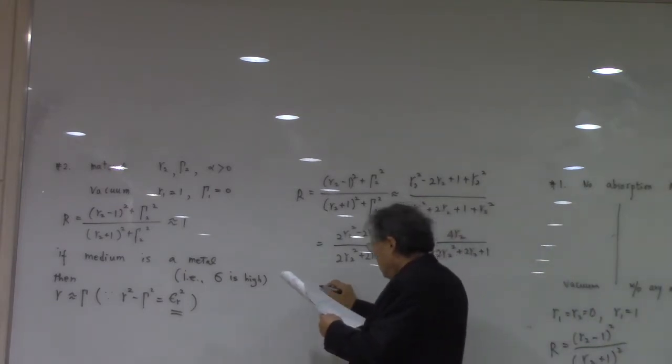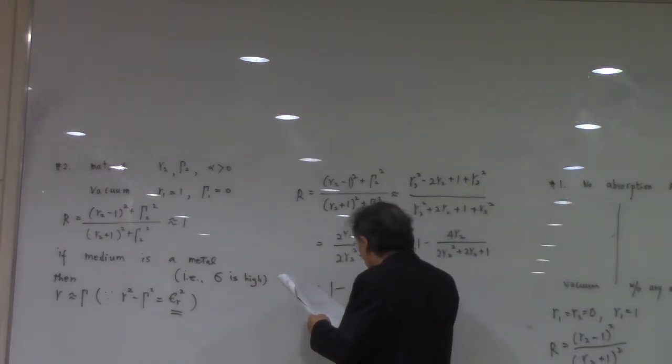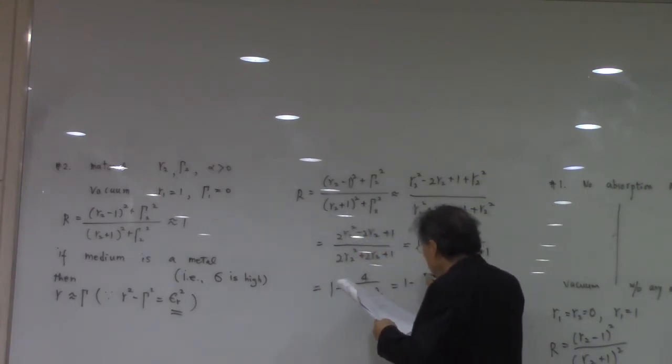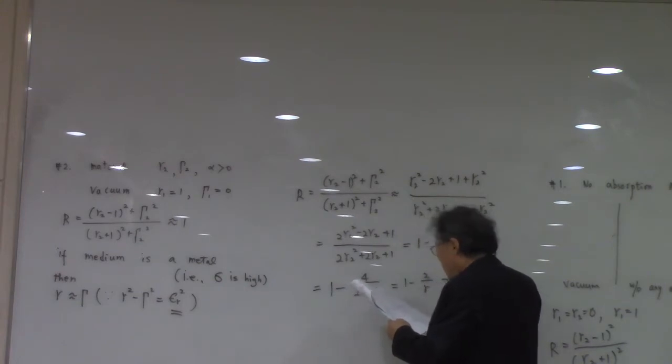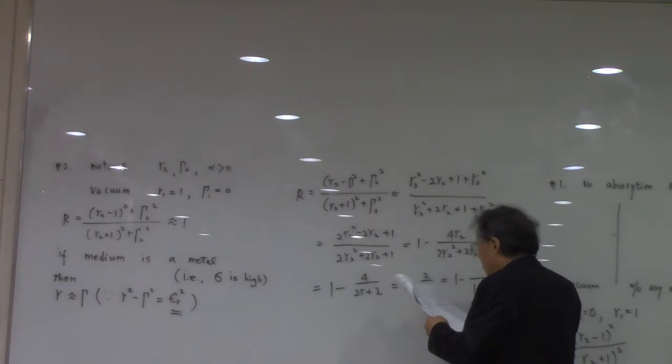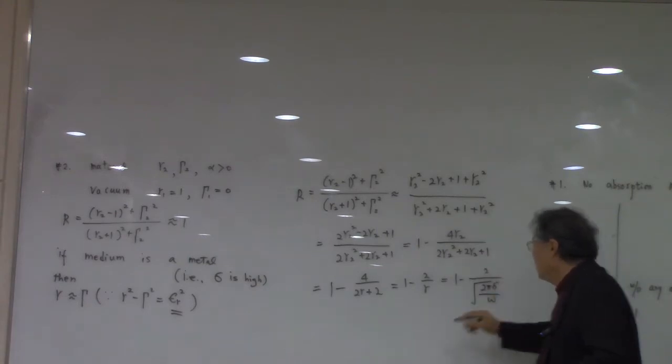And then it is equal to 1 minus 4 over (2R plus 2), and then it is equal to 1 minus 2 over R. And this is 2 over 2 pi sigma of omega, right?